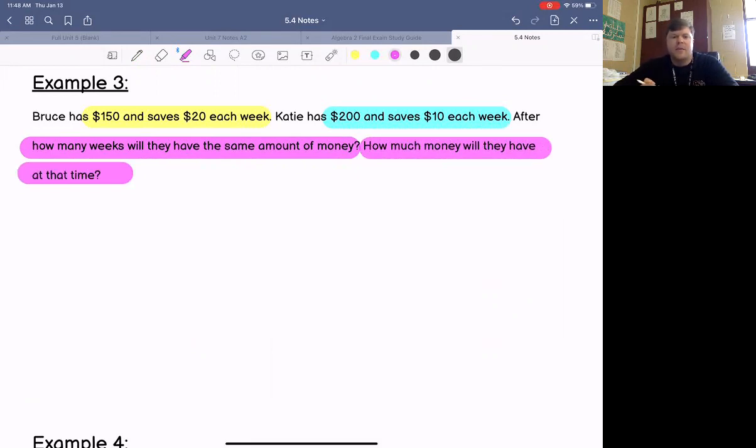All right. So the interesting thing here is you may be led to create a variable for Bruce's bank account and a variable for Katie's bank account that are separate variables. And you could do that. But what you have to understand is those two variables are not going to look the same, and they're not always going to be the same. But to answer this problem, we want to know when they are the same.